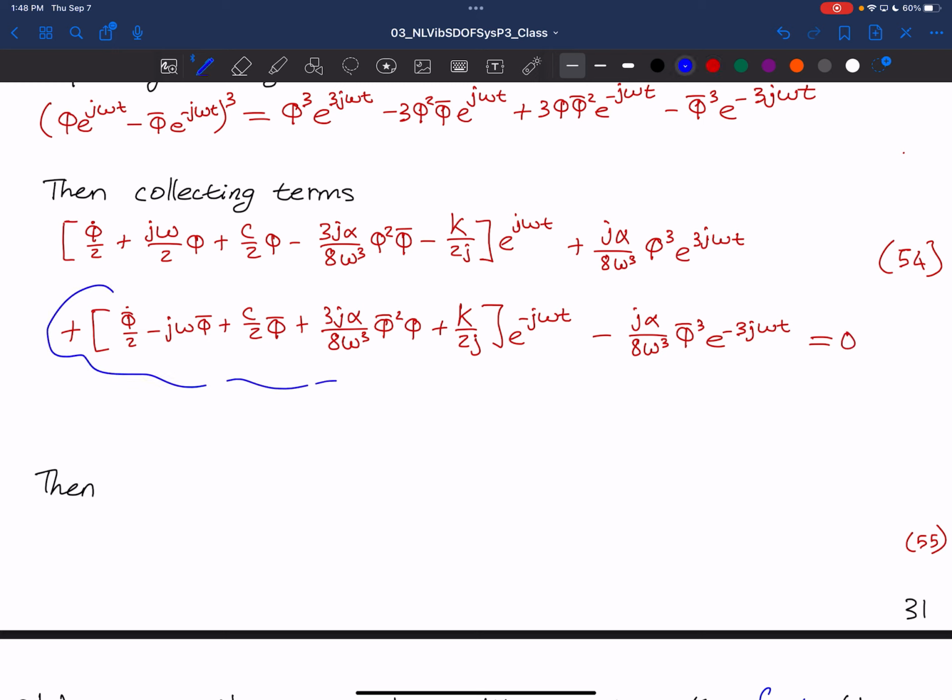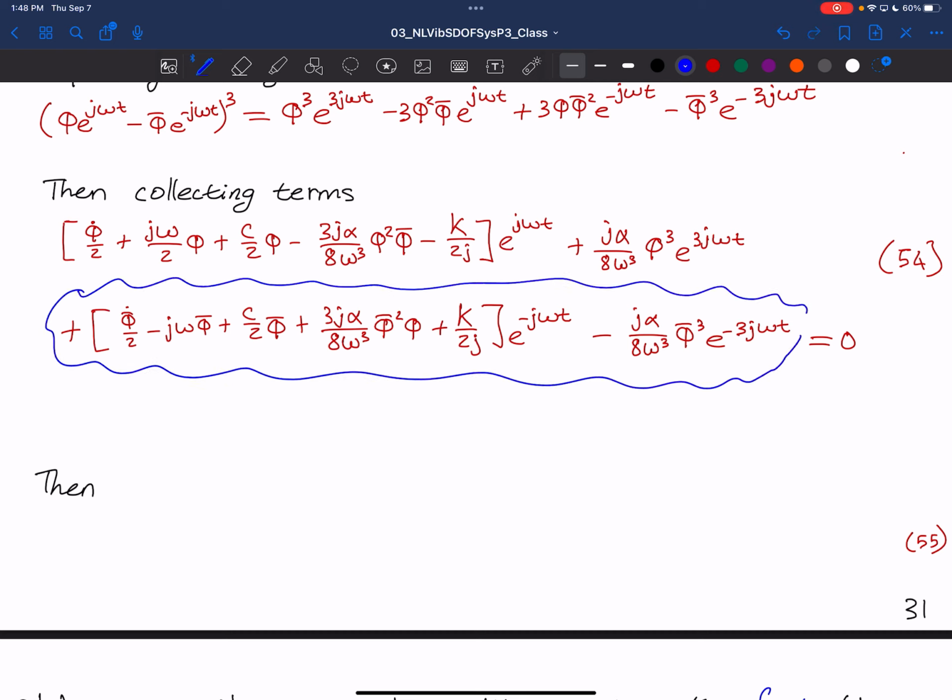And what I'm going to circle in blue here is the complex conjugate of what I didn't circle.